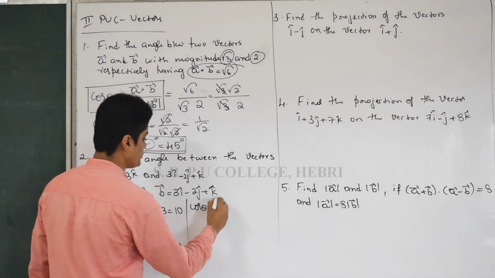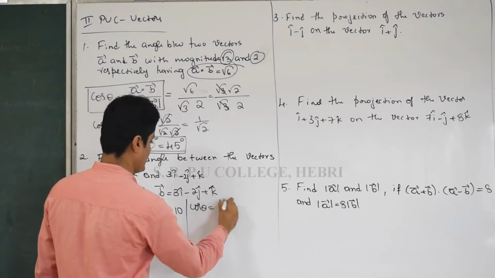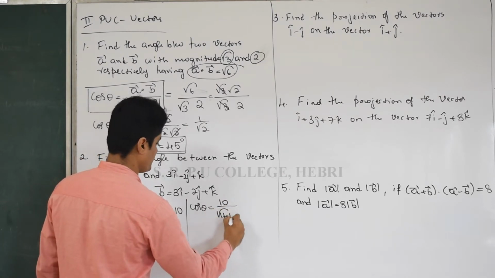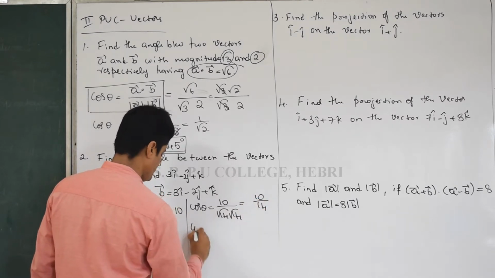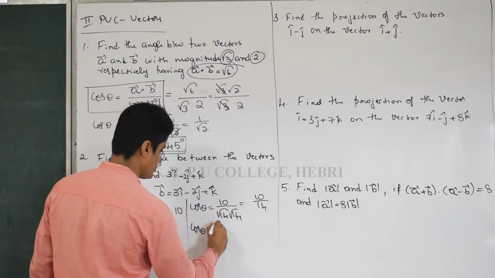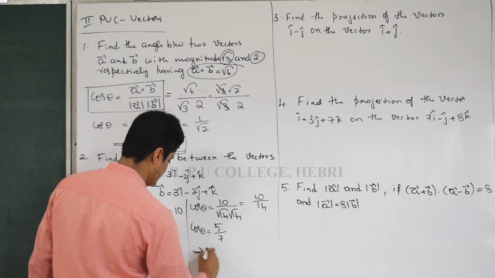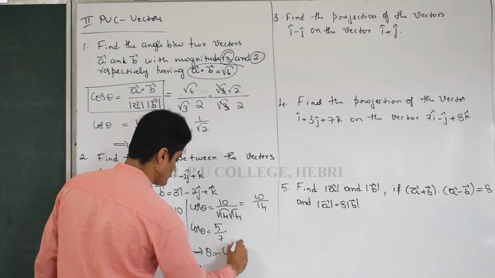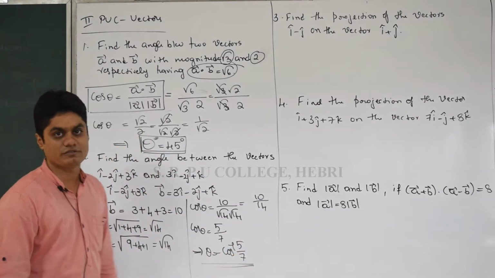Cos theta is equal to, I will not write it again, it is on the board already. A dot B you know is 10, and the magnitudes are root 14 into root 14, so 10 by 14. So cos theta is equal to 5 by 7. This implies angle theta is equal to cos inverse of 5 by 7. So the angle between them is cos inverse of 5 by 7.